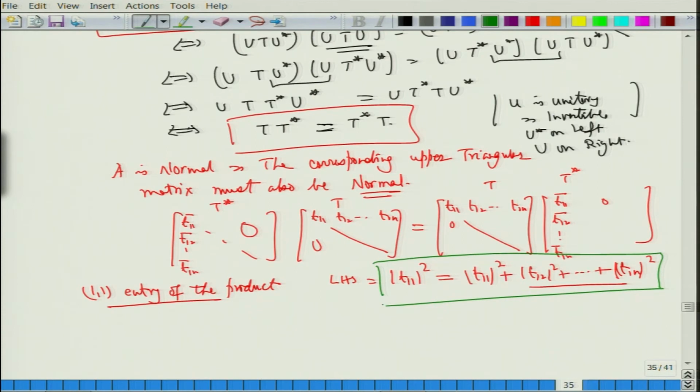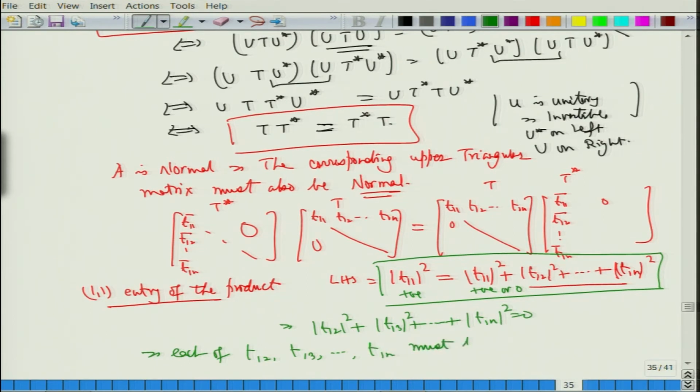These are complex numbers, and we are looking at absolute value squares, which are non-negative. So when this is equal to this, it implies mod of T12 square plus mod of T13 square plus mod of T1n square is 0, implies each of T12, T13 till T1n must be the 0 complex number.